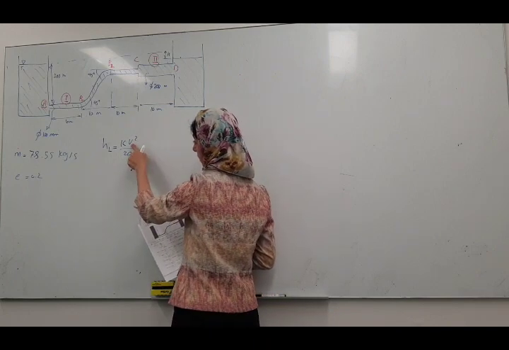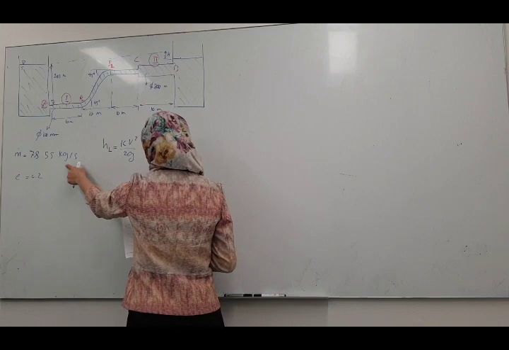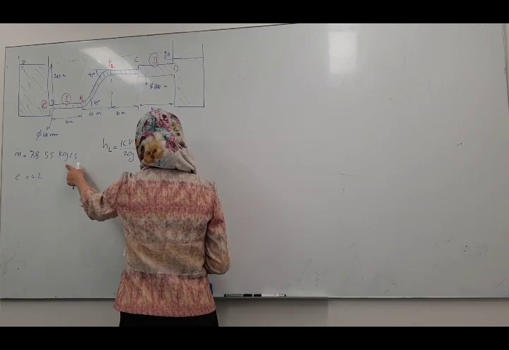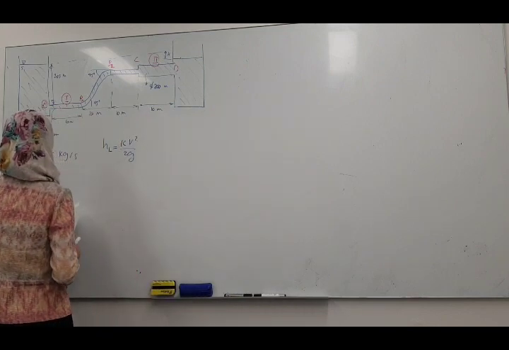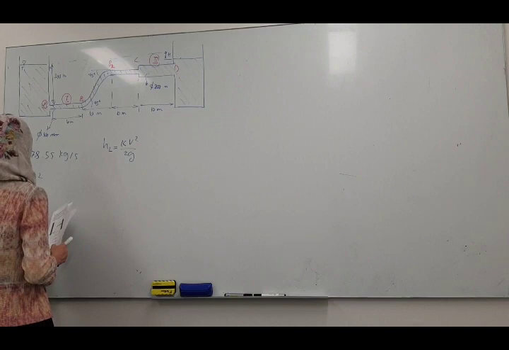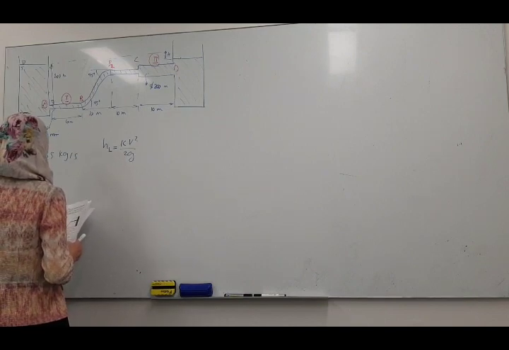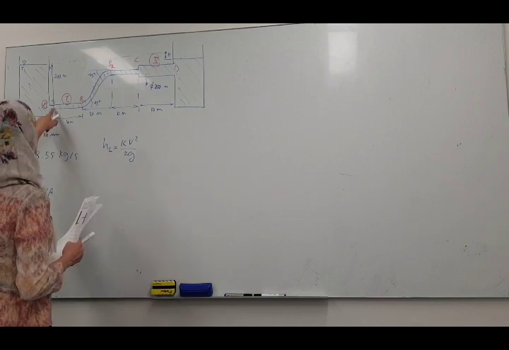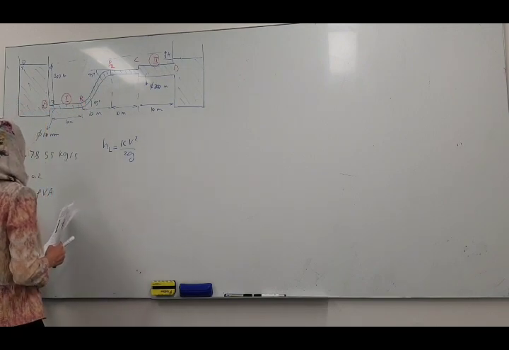How are we going to find the velocity? We have the mass flow rate, and we know the flow is water, so we can easily find the velocity. The mass flow rate is equal to density times velocity times area. We want to find the velocity in the first pipe, which we call V1.